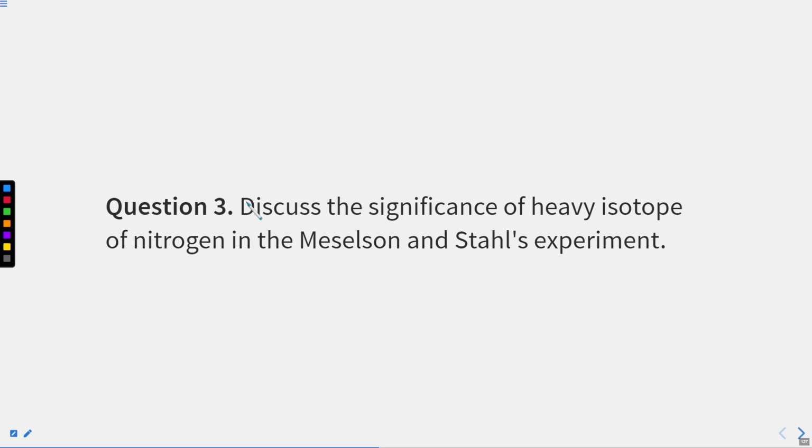Now, question number 3. Discuss the significance of the heavy isotope of nitrogen in the Meselson and Stahl experiment. Meselson and Stahl grew E. coli bacteria, so they were working on the bacteria known as E. coli. They used the heavy isotope of nitrogen, which is N15.